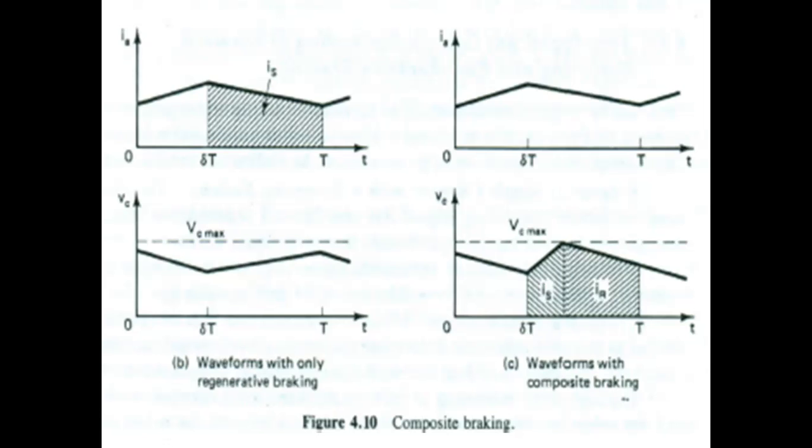If the source cannot accept energy, it flows through the capacitor. The capacitor voltage rises from VC max and the thyristor again switches on, that means RB comes into action.